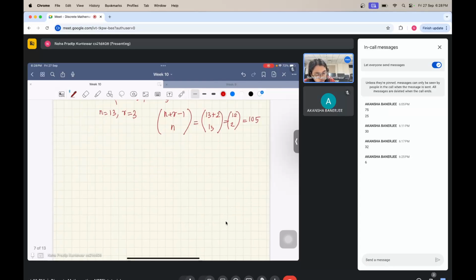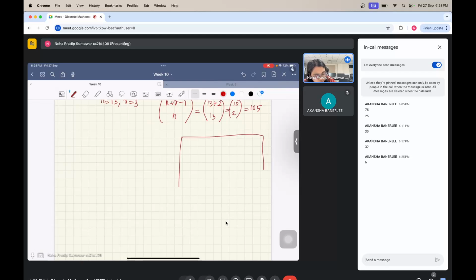Okay, so what we did is we have the total number of solutions in this box. This happens to be 105, and now there are certain solutions that go bad because A is the number of solutions to x1 plus x2 plus x3 equal to 13, where x1 is at least 6 and x2, x3 are at least 0.